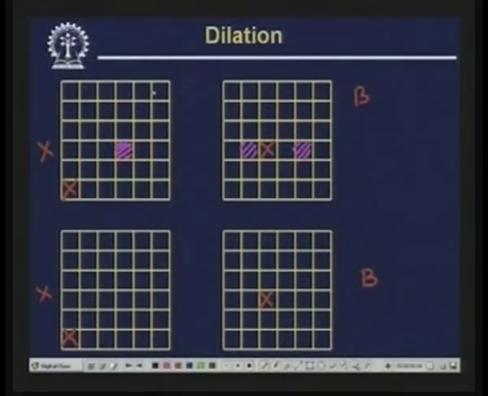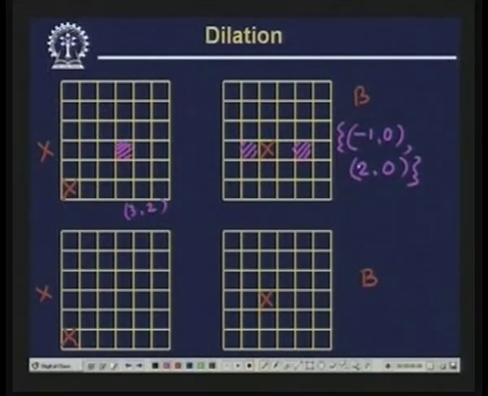So, you find that this X contains only the point 3 2 and the structuring element contains 2 points, one is minus 1 0 and other one is 2 0. So, these are the 2 points which belong to the structuring element.